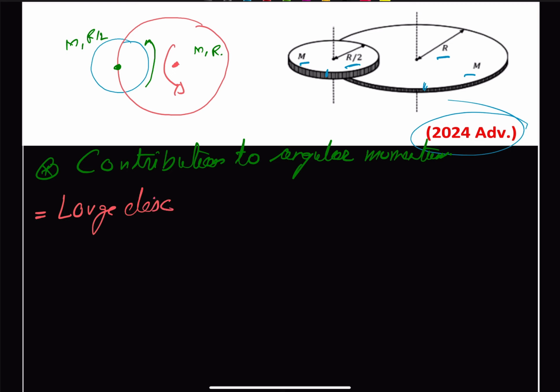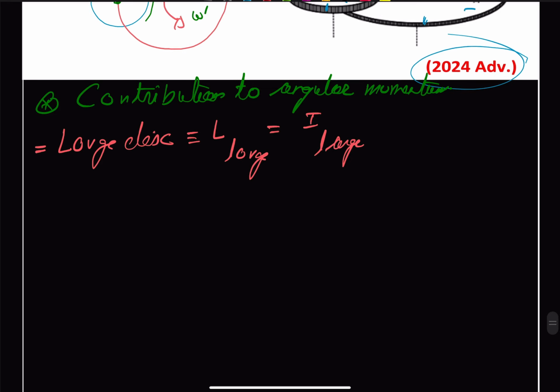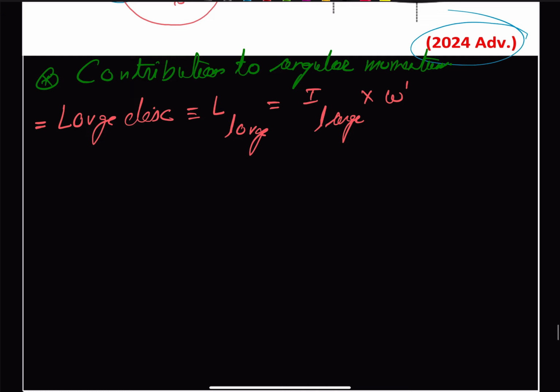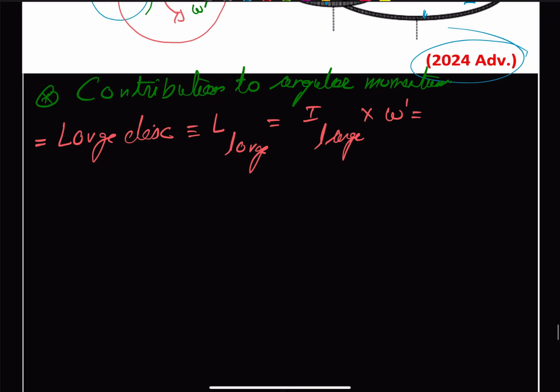Suppose this is L large, which will be equal to the moment of inertia of the large disk multiplied by the angular velocity, and we assume that it is moving with angular velocity omega prime. The moment of inertia for the disk is half m r square, multiplied by omega prime.